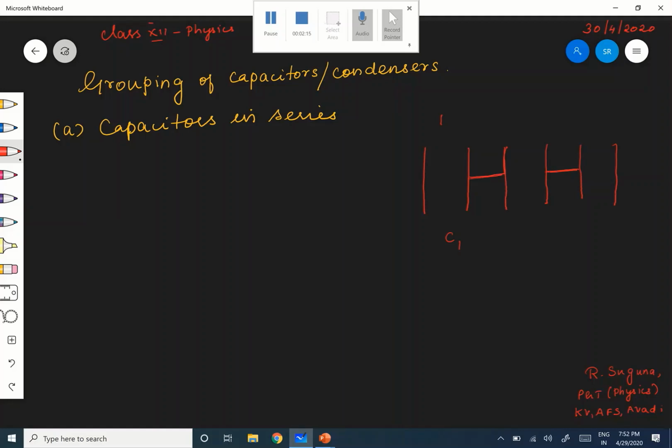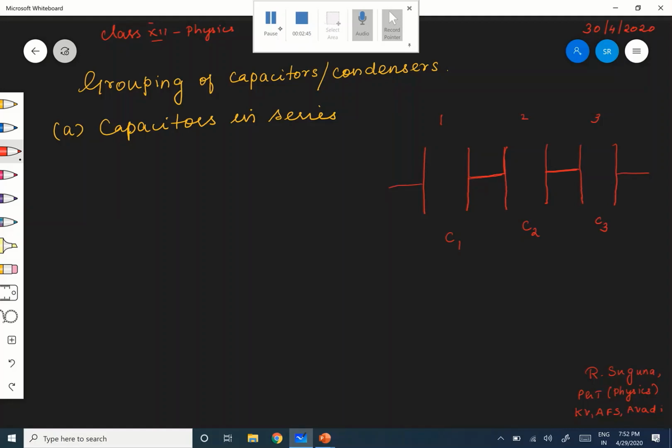Three capacitors I am taking, with capacitances C1, C2 and C3, connected in series. This is the series combination of three capacitors C1, C2 and C3.